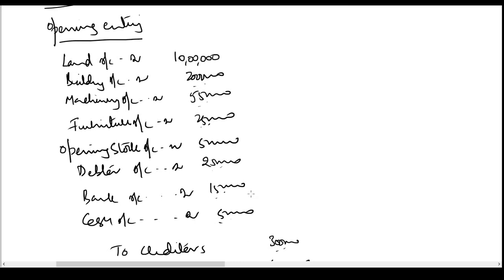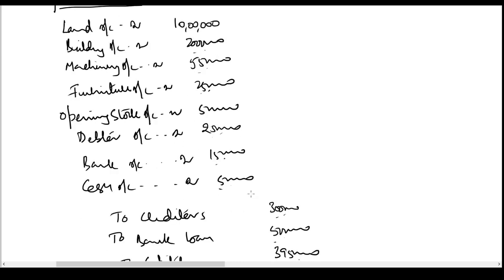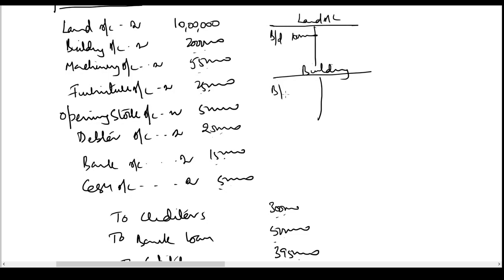And then these entries will be posted in the ledger. We'll go to the ledger, we'll open land account, we'll write brought down 10 lakh. We'll open building account and write brought down 20 lakh.